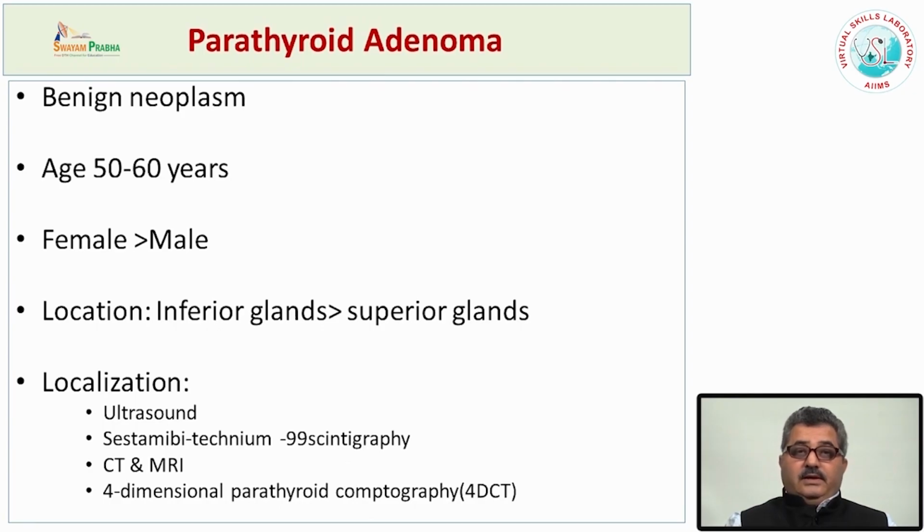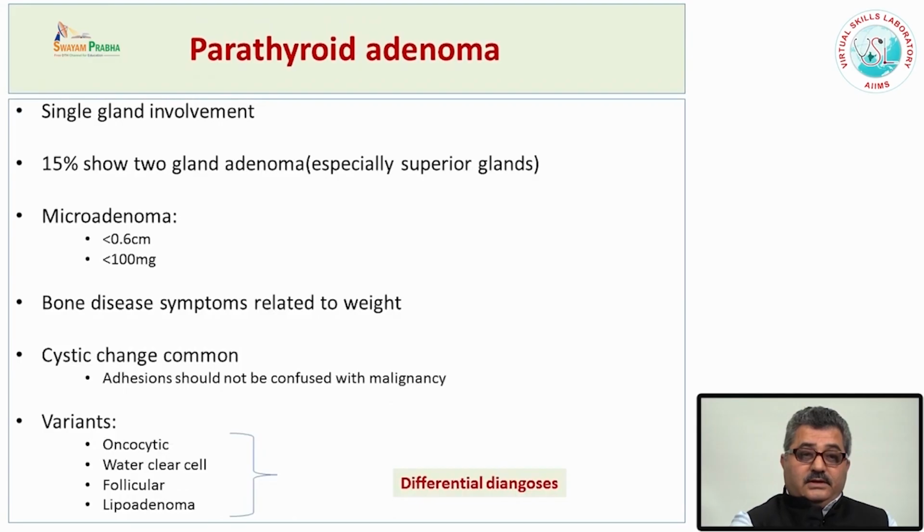The different modalities have their own significance, and the most commonly done are ultrasound of the neck, technetium-99 scintigraphy, computerized tomography, and MRI is also employed for the localization of these glands.